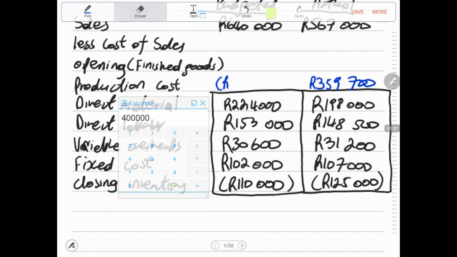That is 400,000. Then sales, which is 640,000, gives a total of 240,000. That is gross profit.